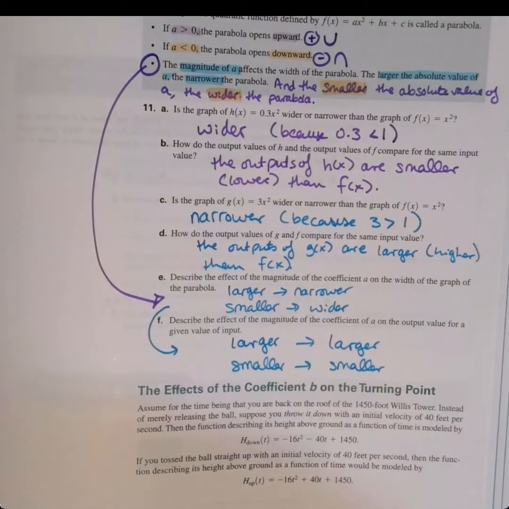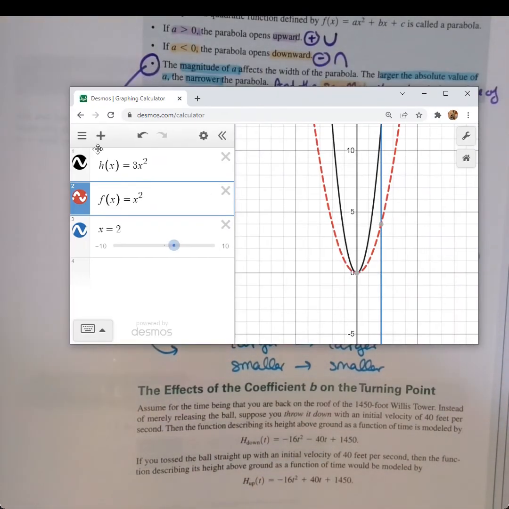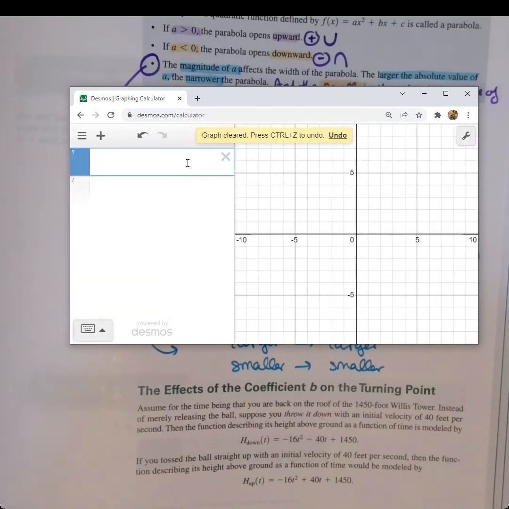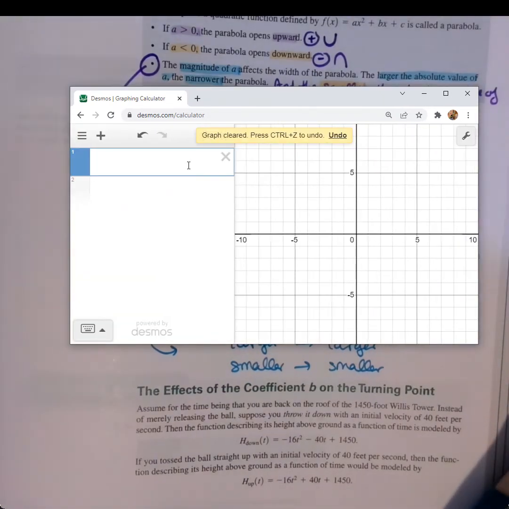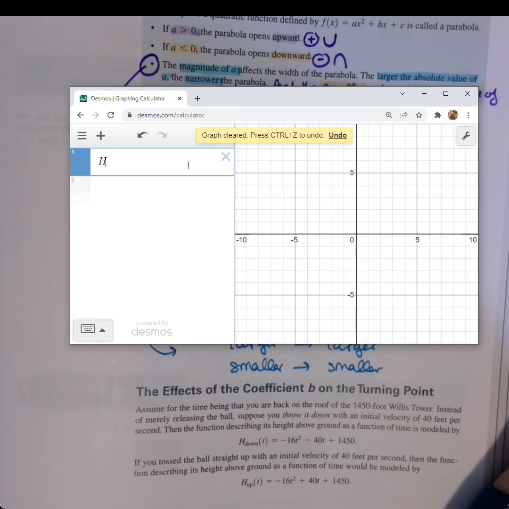So let me move decimals back over here. I'm just going to start a new one instead of undoing and all that. Okay, so I'm going to do the first function, h sub d, I guess. I'm going to be allowed to call it h sub d. Maybe not.